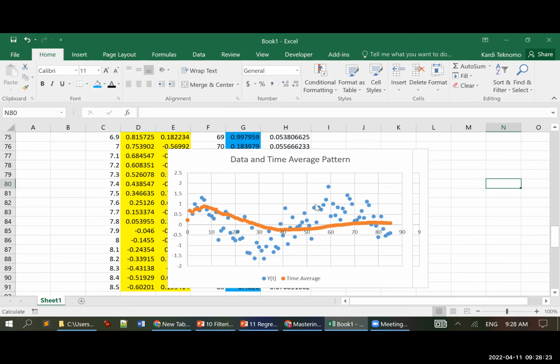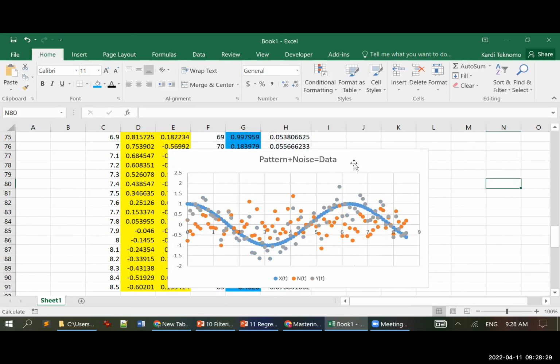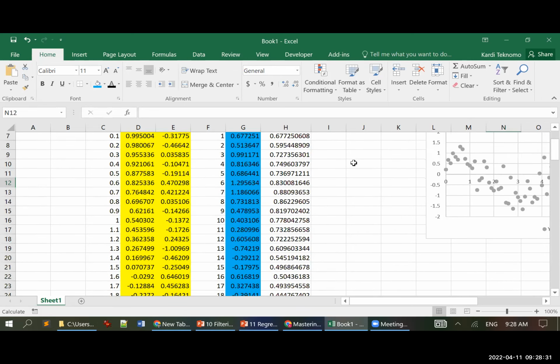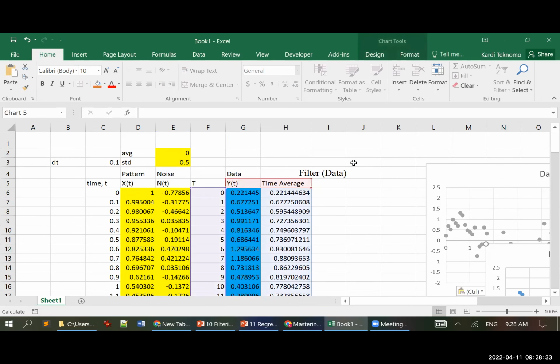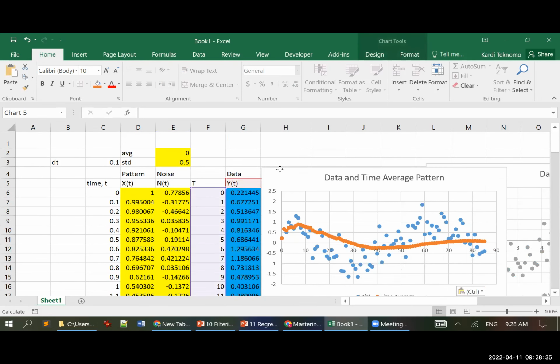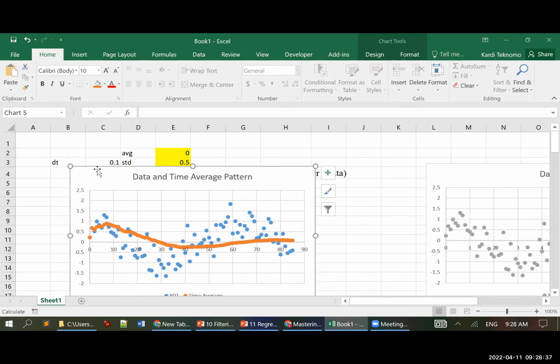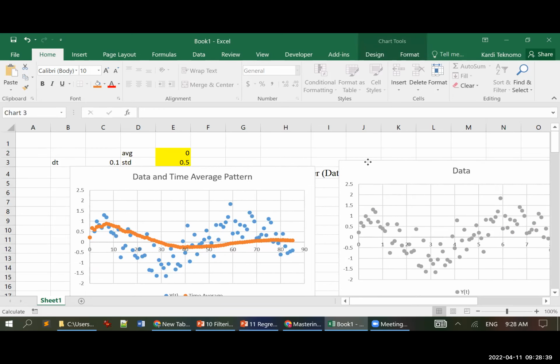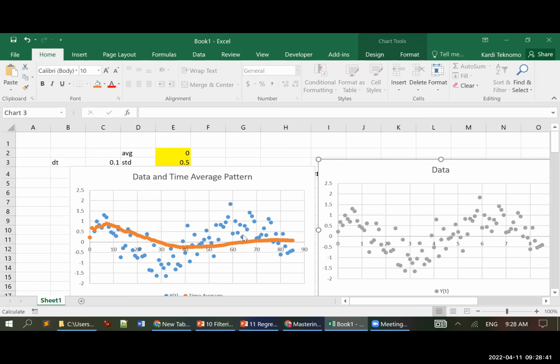The blue one is the data, the blue one is the theta, and the time average pattern is not exactly the same as the theta, but it's actually better.